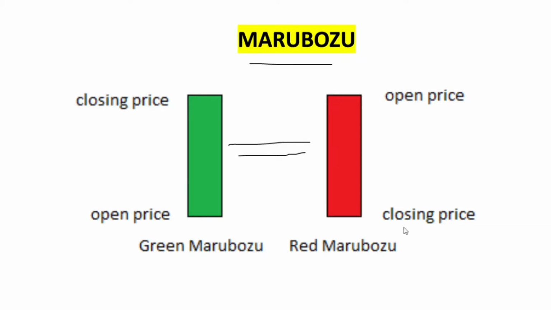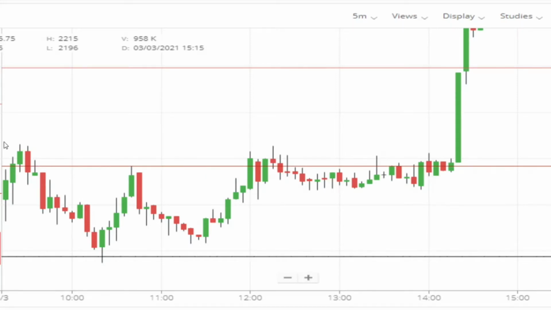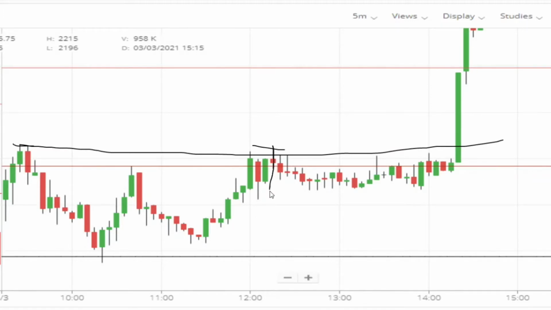So we will see this in the chart. You can see here the price has tested this level 2 times. If I draw a straight line here, you can see the price has tested here and consolidated for a very long time, from around 12 o'clock to around 2:15. The resistance was very strong, so price didn't make a move.